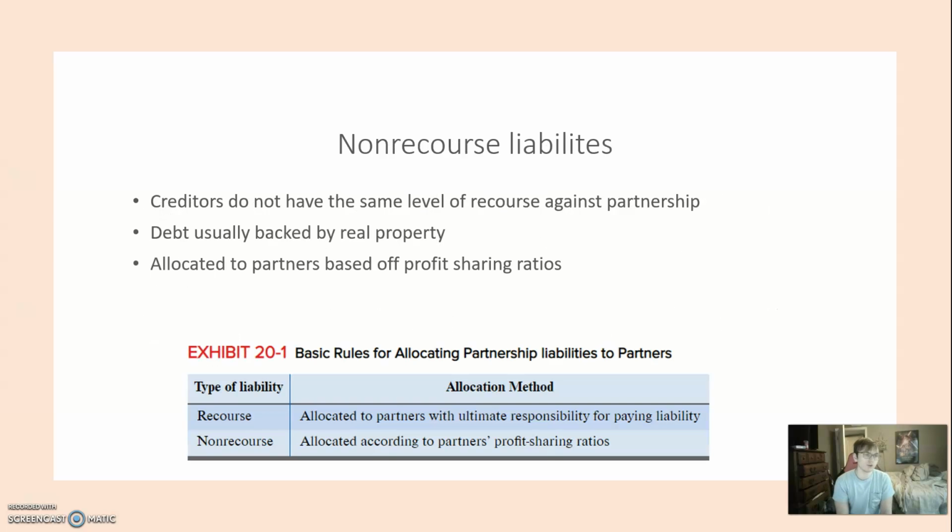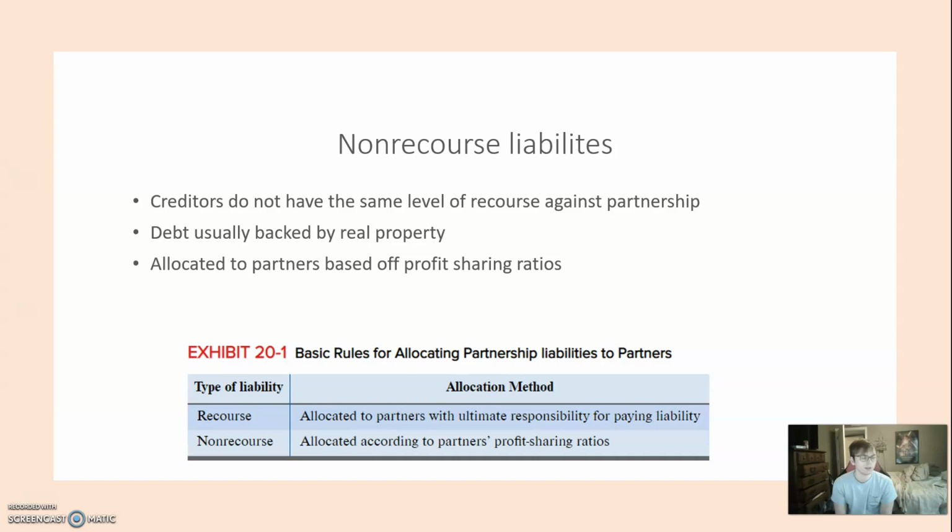Now let's get into non-recourse liabilities. In non-recourse liabilities, creditors are not going to have the same level of recourse against the partnership. They're not going to be able to come after their personal assets if they can't pay it off. The debt is usually backed by real property. So think about if the partnership has a warehouse or something and there's a mortgage on that, the creditor would be able to get the warehouse.